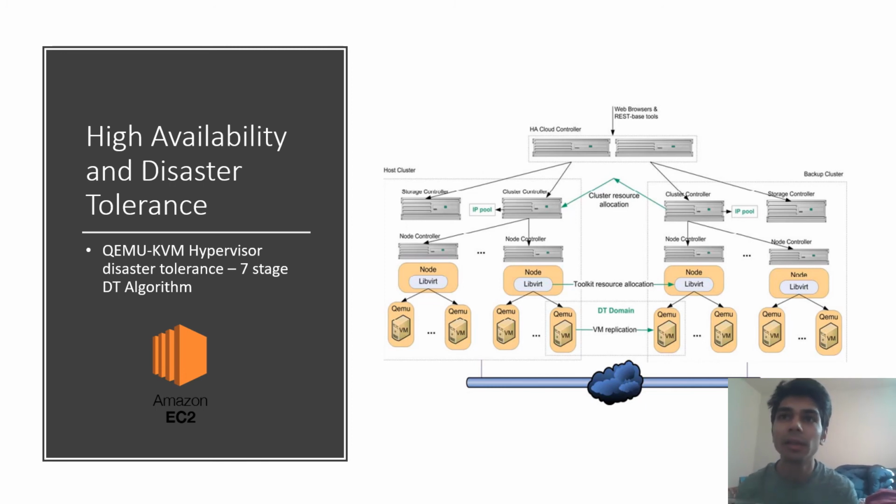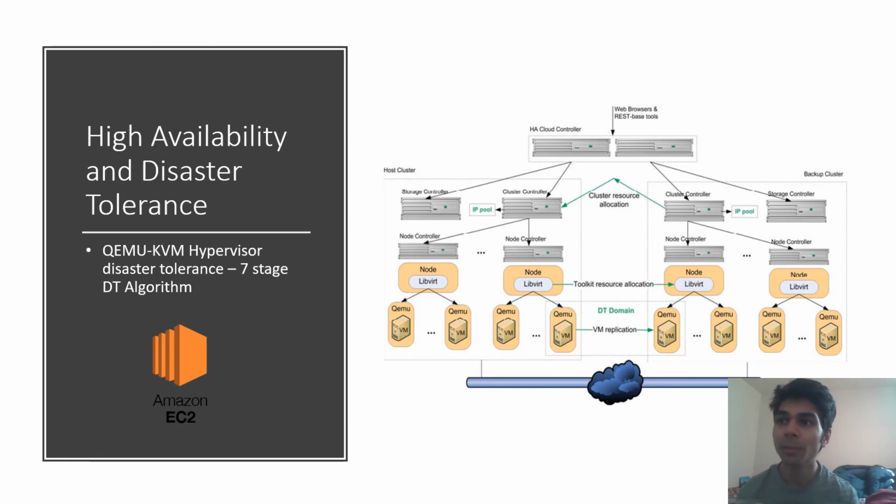So the next key topic is high availability and disaster tolerance. This is key in any infrastructure as a service or cloud service providers. And the research was conducted with the experiment on the KMU KVM hypervisor. So this is basically a modified hypervisor platform that has been used to undergo the decision tree algorithm to allocate resources very well.